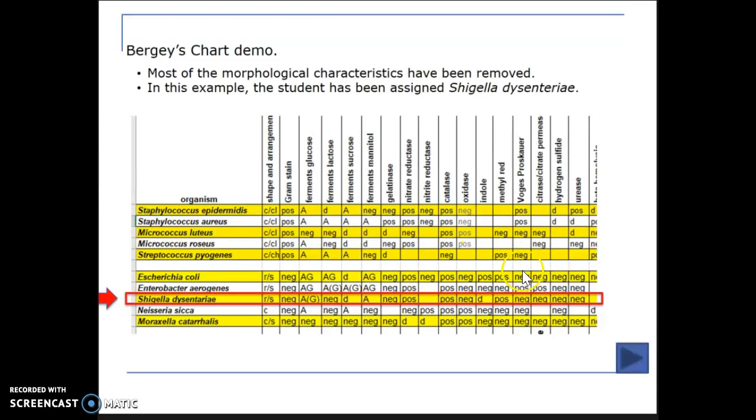Here are some good tests. All right. Methyl red is a good test. Positive, positive, negative. Voges-Proskauer next door is also good. Negative, negative, positive. All right. So arbitrarily, I pick Voges-Proskauer. Actually, methyl red is probably the better test.